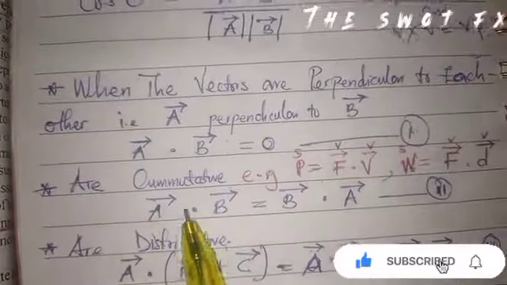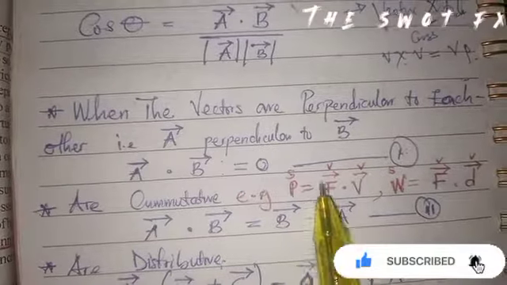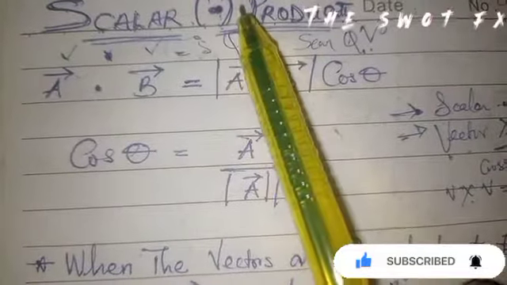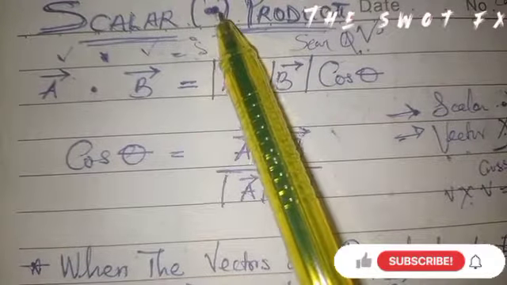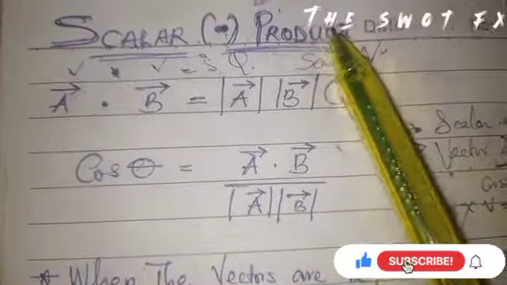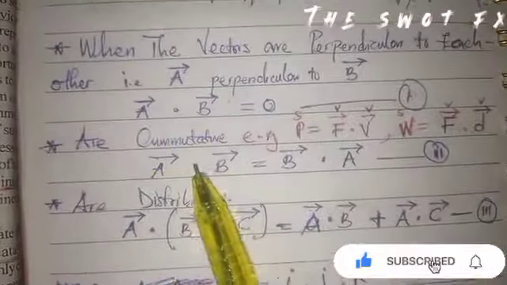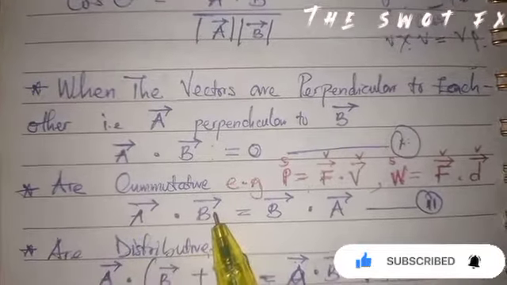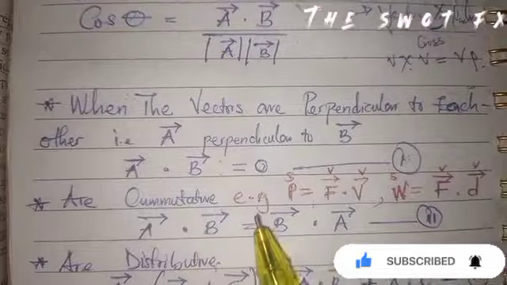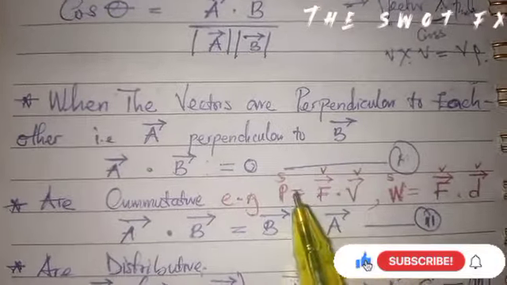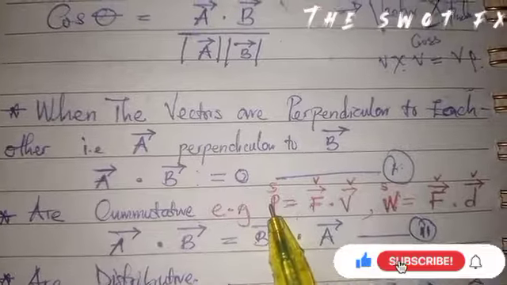They can also be commutative. There's another point based on the characteristics, or the significances, of the scalar dot product. Now they are commutative, meaning that if I have A dot B, so far it is still multiplication, I can say it is B dot A. Now you can see what I used here as an example.